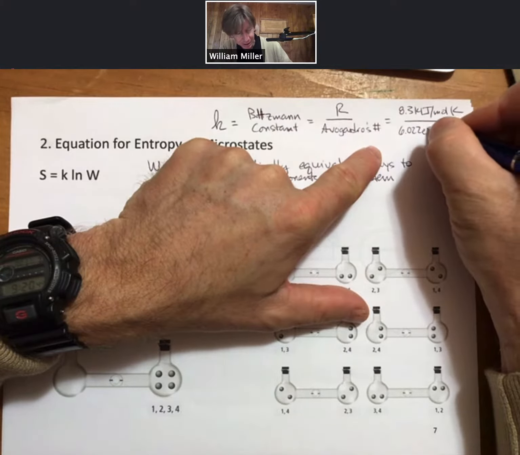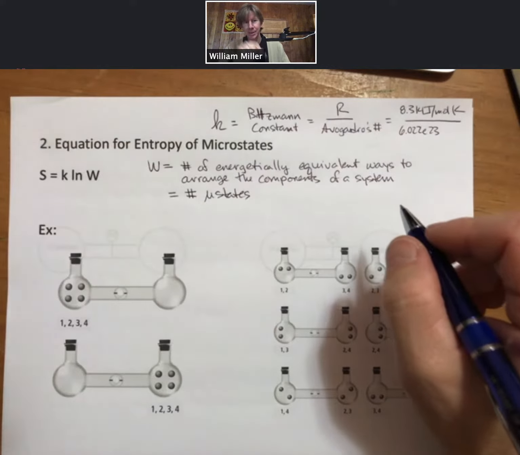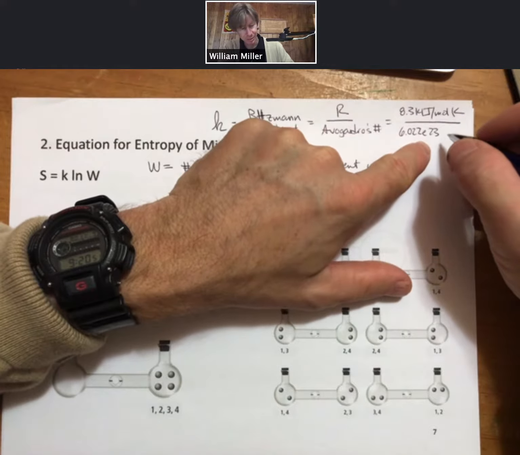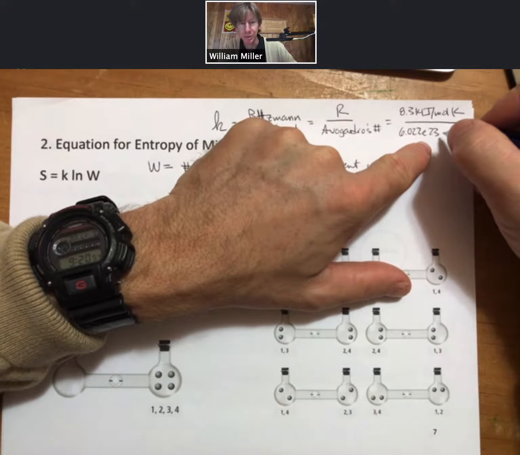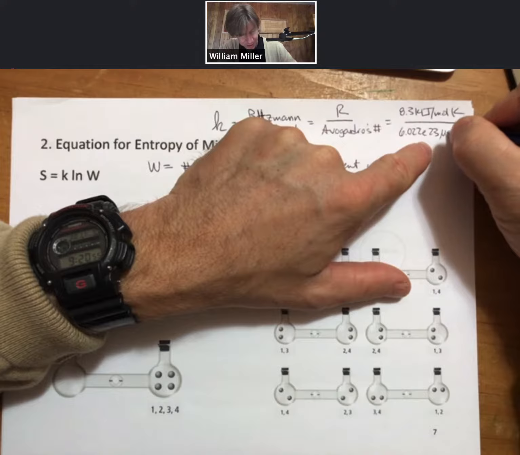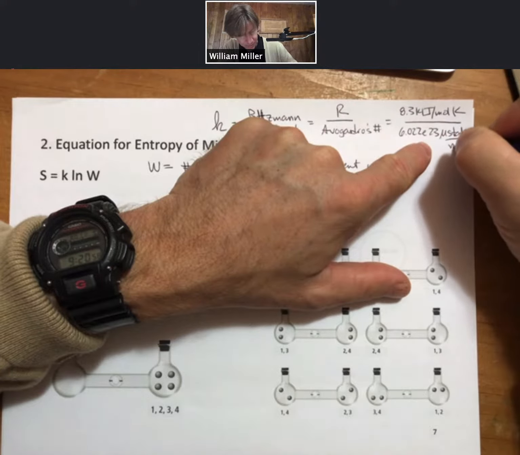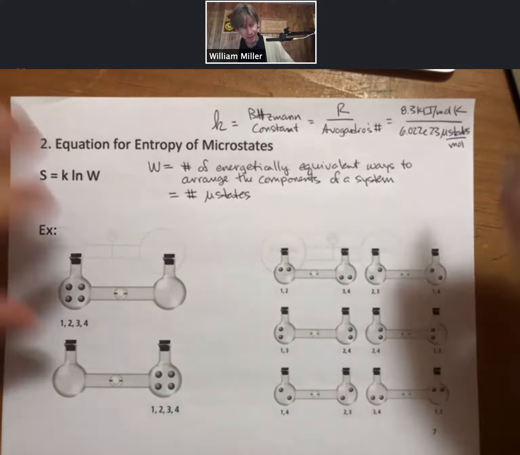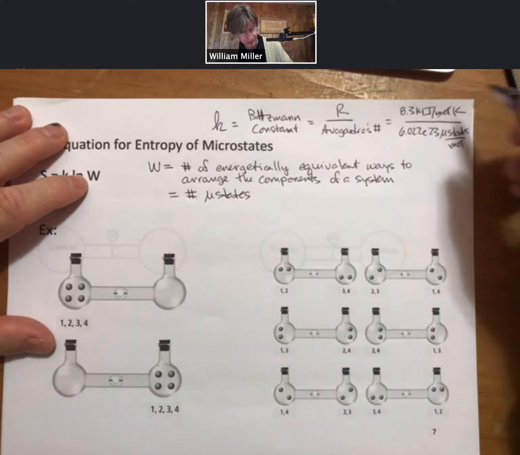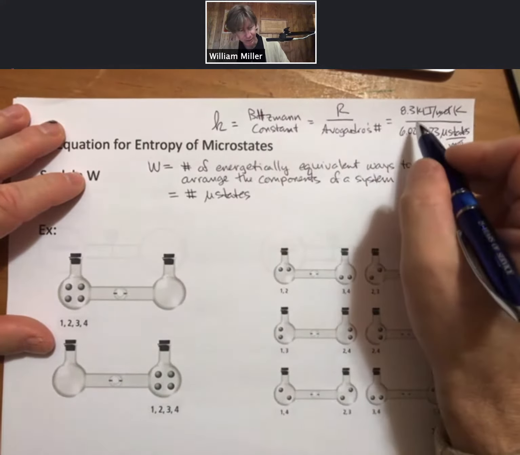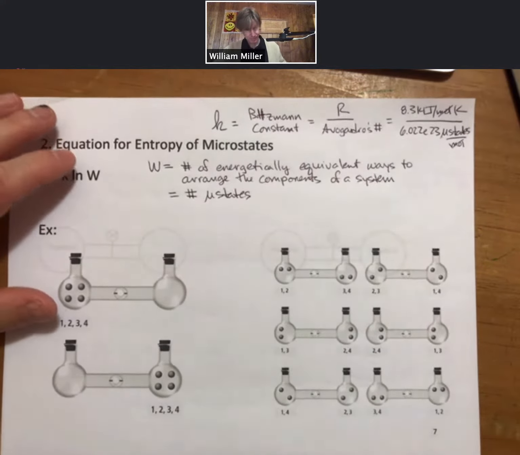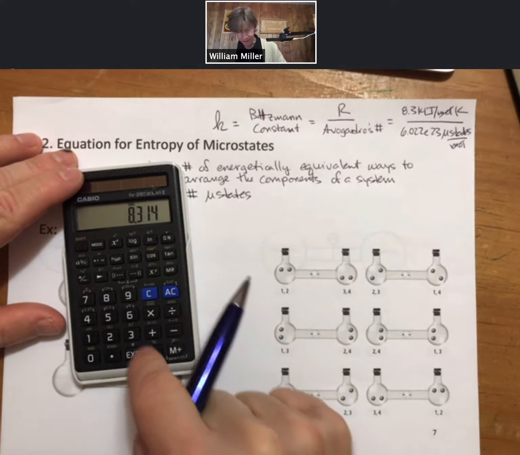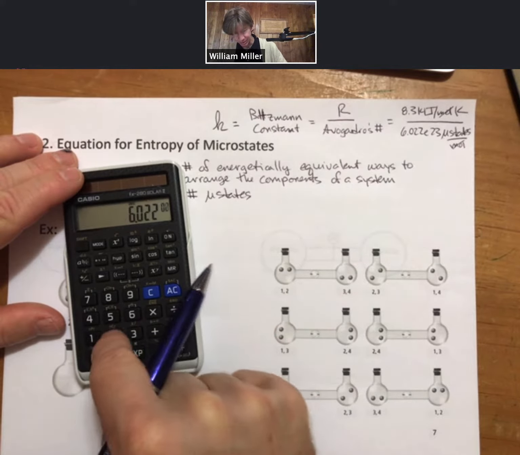And Avogadro's number is 6.022 times 10 to the 23rd, and I'll write it that way so I can fit in my units. For this, it is microstates per mole, or particles per mole. Then our per mole cancels out, and k will have the number 8.314 divided by 6.022 times 10 to the 23rd.